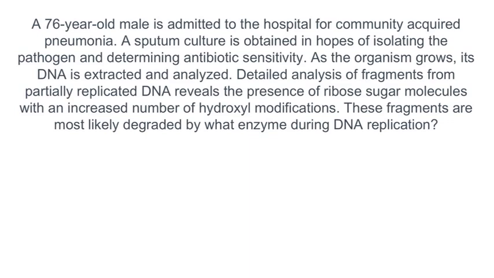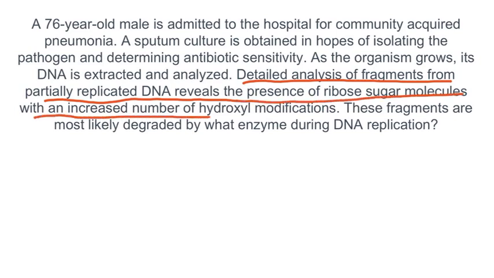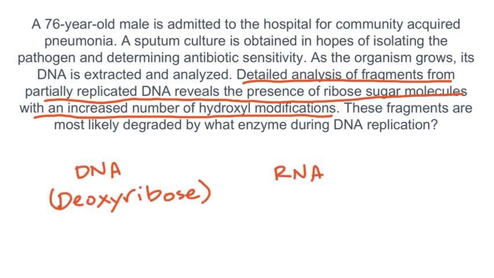Okay, the most important part of this question is right here. Detailed analysis of fragments from partially replicated DNA reveals the presence of ribose sugar molecules with an increased number of hydroxyl modifications. This is getting at the difference between DNA and RNA. Recall that the sugar in DNA is deoxyribose and the sugar in RNA is ribose.